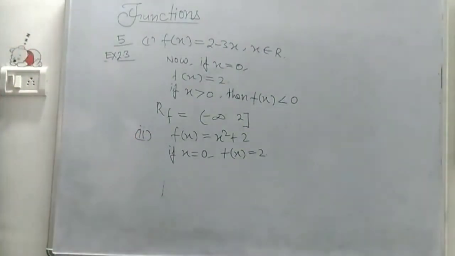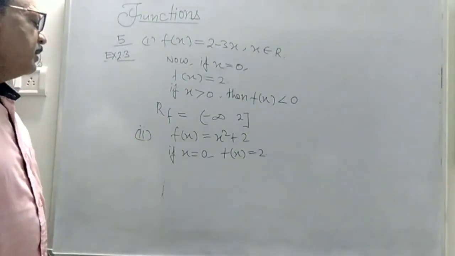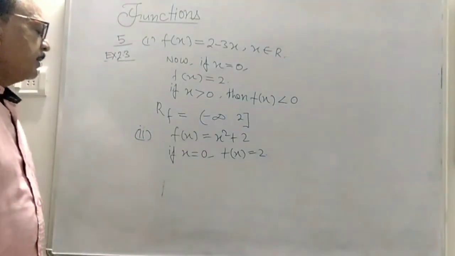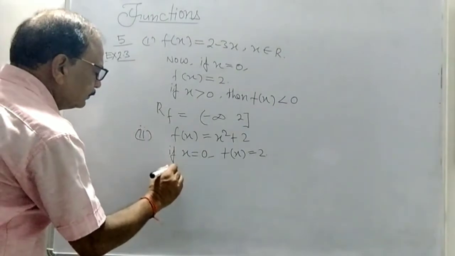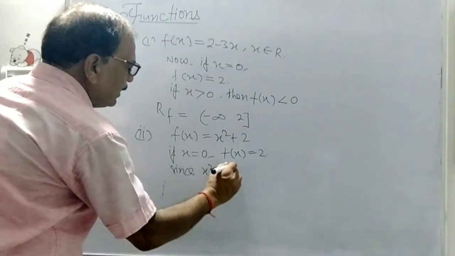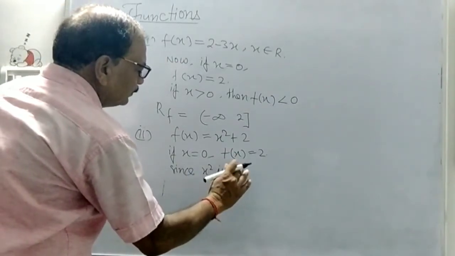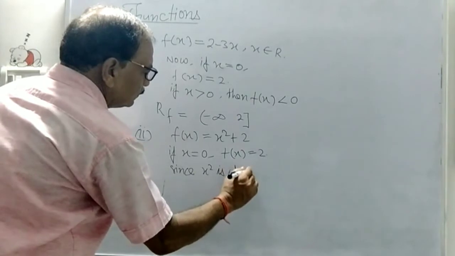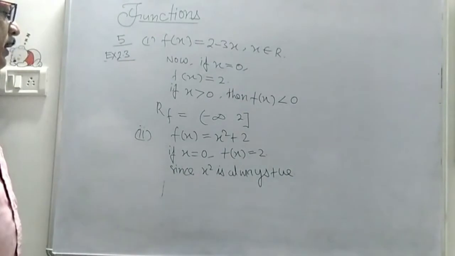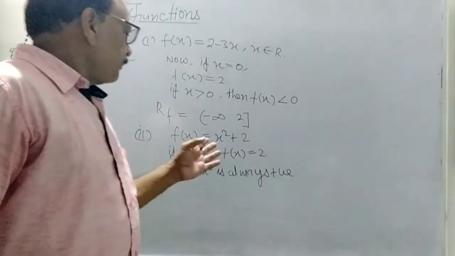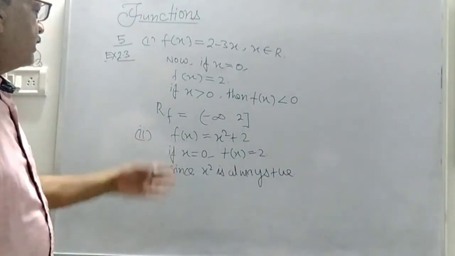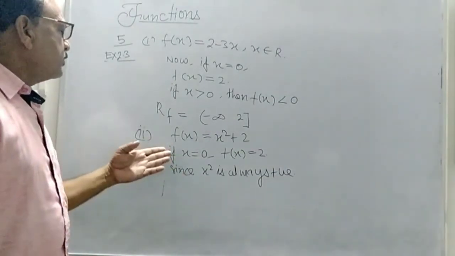Here you see x square is always positive, therefore f(x) is always positive and greater than or equal to 2.